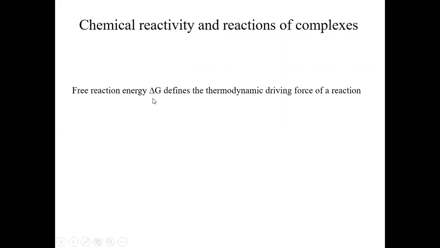And that thermodynamic driving force is defined by the free reaction energy delta G. So when delta G is negative, then we have a thermodynamic driving force for the reaction, and the reaction takes place. If delta G is positive, the reaction is not spontaneous and the reaction doesn't take place.